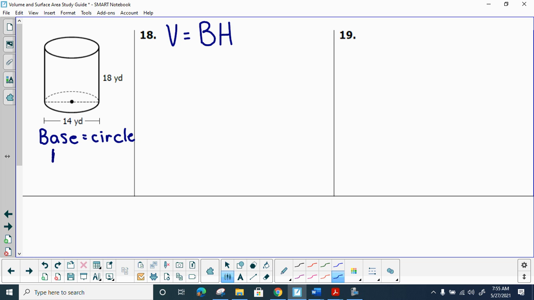And the area of a circle is pi r squared. We're given the diameter of this circle. So the radius is going to be half of that. The radius is half of 14, which is 7. So we'll do pi times 7 yards squared.